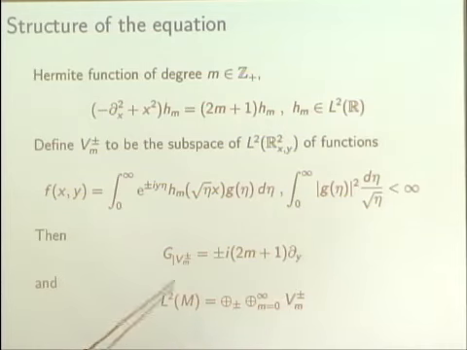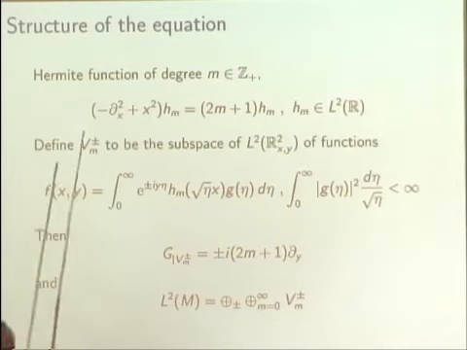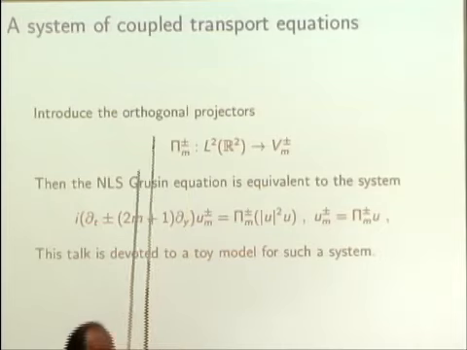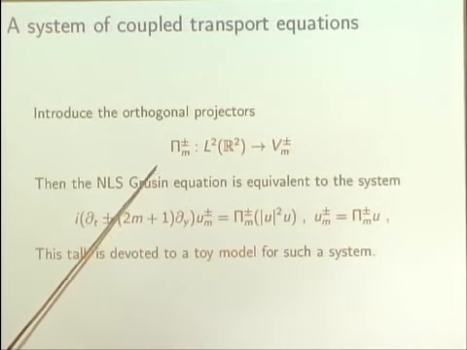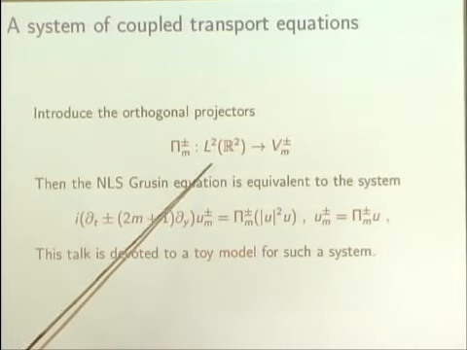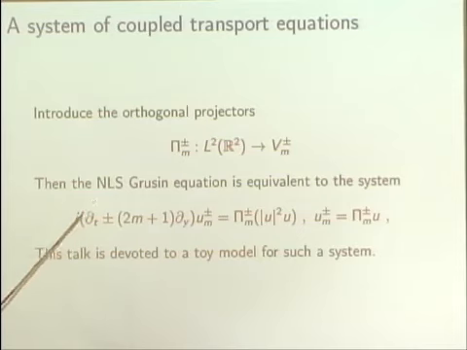And of course, you can break the whole L2 space into these pieces. And finally, if you introduce the orthogonal projectors onto these pieces, you get that our nonlinear Schrodinger-Grushin equation is in fact equivalent to this system. So in the left-hand side, you get just a transport equation with velocity 2m plus 1.